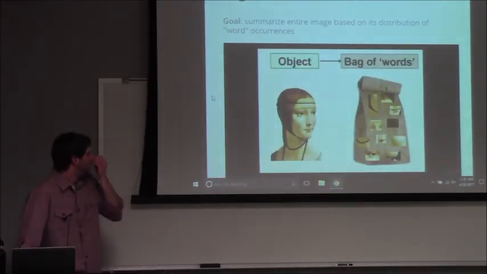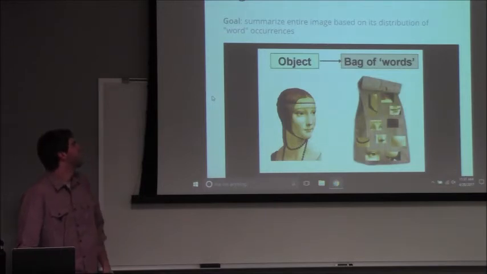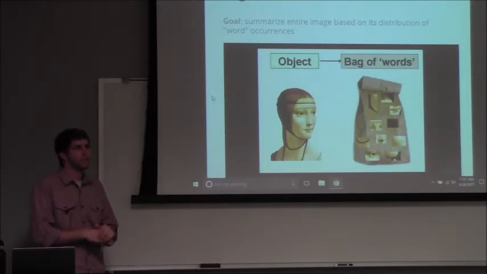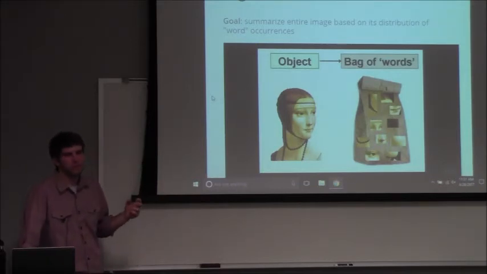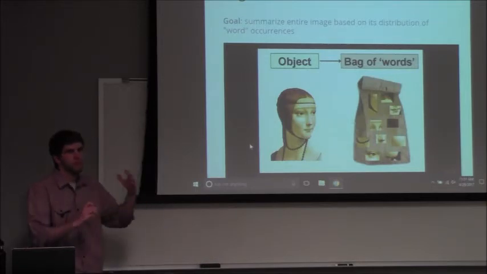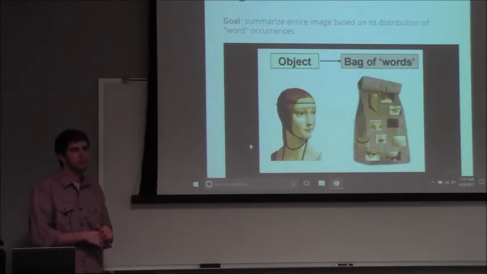And then I think I'm pretty much done. So the last thing I'll talk about, basically you can think of images in a similar way to text analysis. So you can come up with these visual words that make up an image. And when you get tons of new data, you can just see which words fit the image best. And so you can understand what's in it based on which words it's made up of.